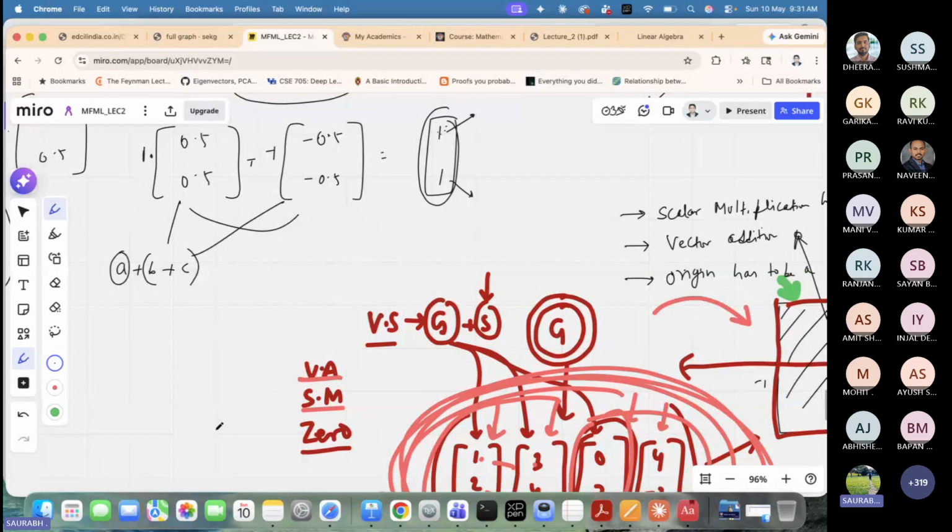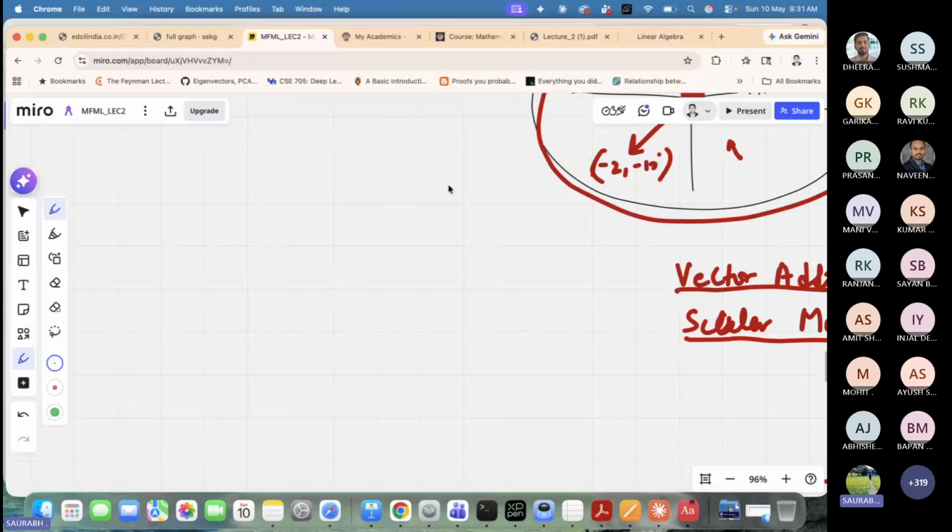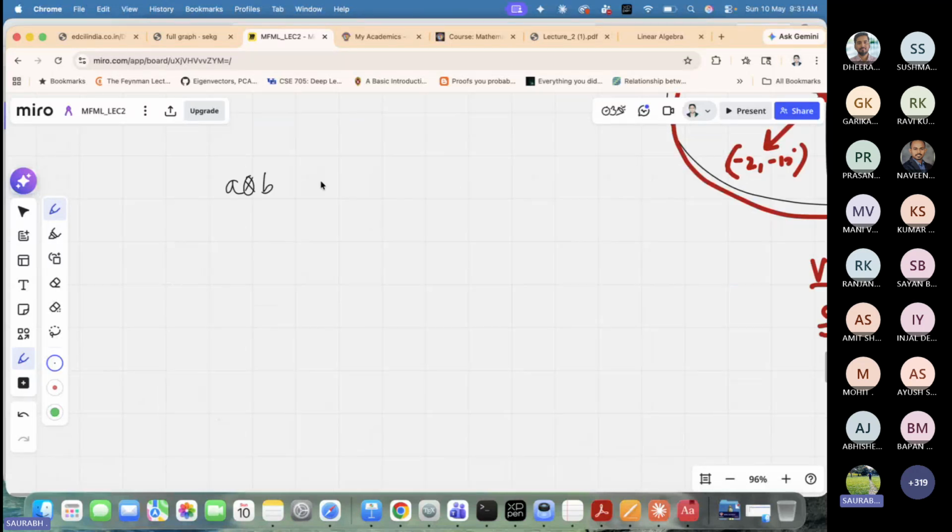Let's say, how do you combine things, a times b, or b times a. When you combine them, it works well with scalar numbers. When you say 2 times 3 is equal to 3 times 2, or 2 plus 3 is equal to 3 plus 2, this all works well with scalar numbers.